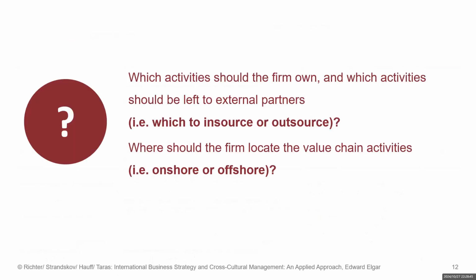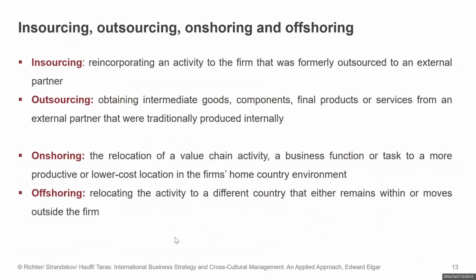So with so many factors to be taken into consideration when it comes to the strategic design of the GVC, we need to answer two fundamental questions regarding the control and the location of the value chain activities. First, which activities should a firm own, and which activities should be left to external partners? That is, should I insource or should I outsource? And the second question, where should the firm locate the value chain activities? Should I onshore or should I offshore?